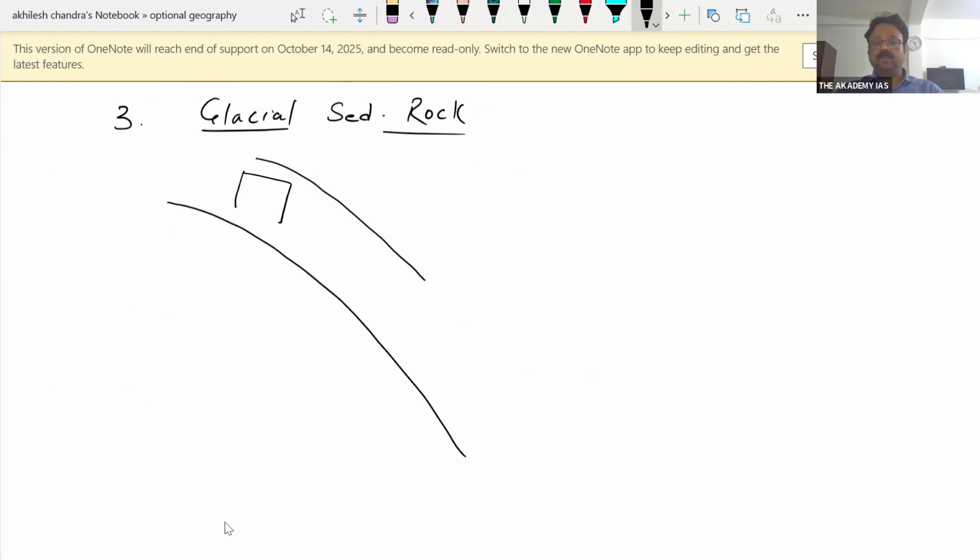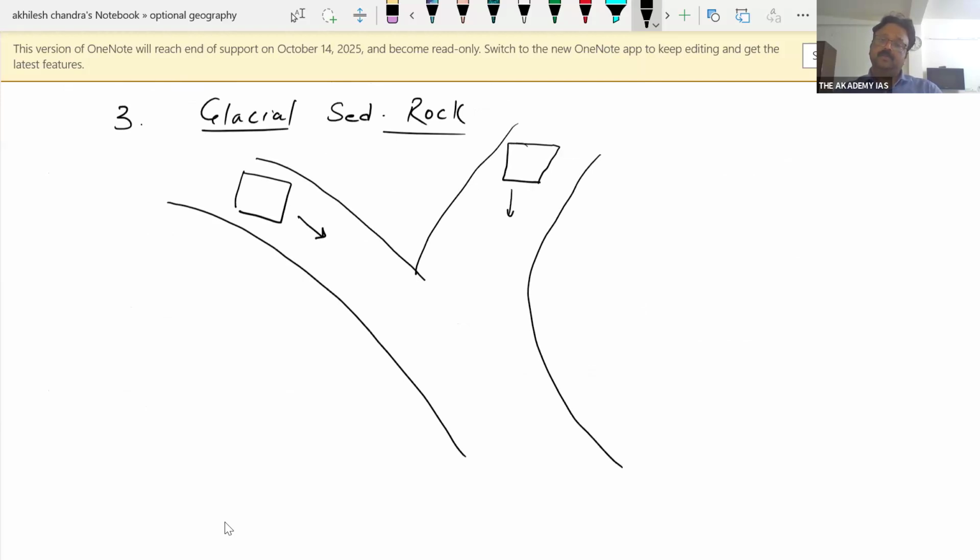This is a glacier moving down the hill. And there is another glacier which is moving like this. Both are meeting over here. Glacier 1, Glacier 2, a three-dimensional structure. So it is carving out a U-shaped valley.